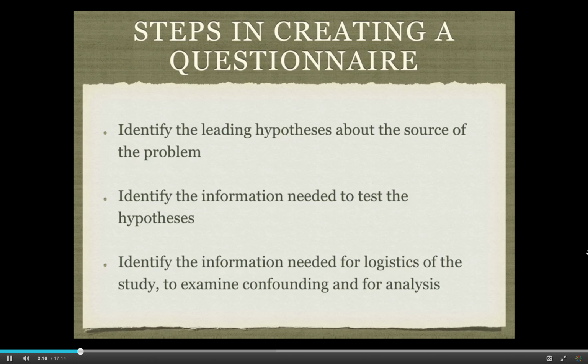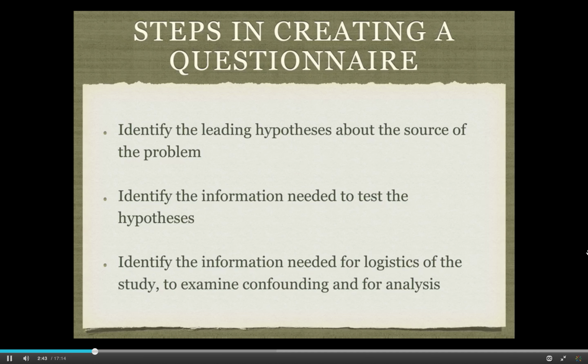In creating our questionnaire, we must first identify the leading hypotheses about the source of the problem. And these we discussed in our last presentation on understanding hypotheses and variables. We must also identify the information needed to test the hypotheses, and these would be our variables. So what variables would we need in order to test our hypotheses?